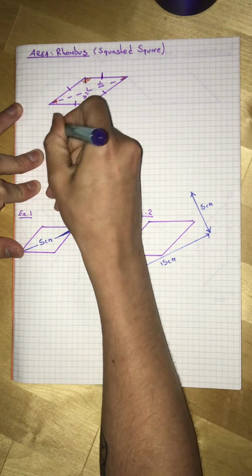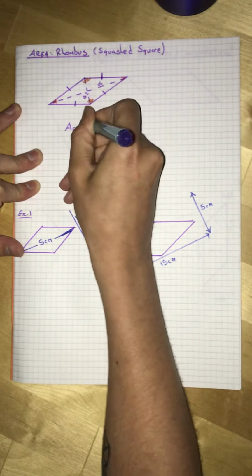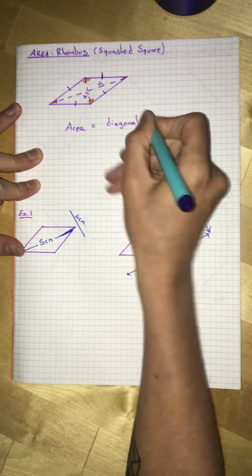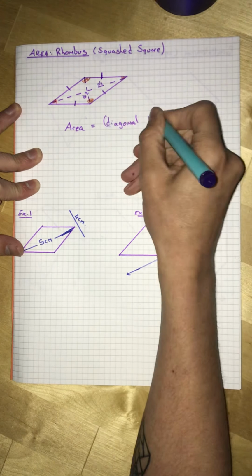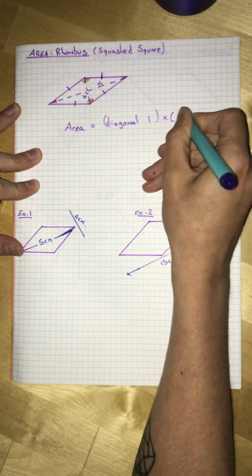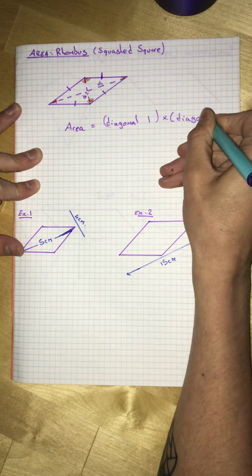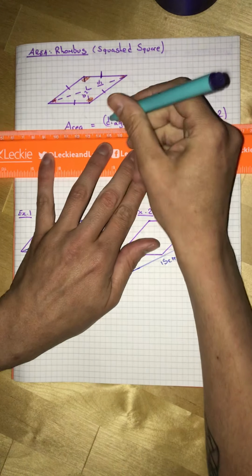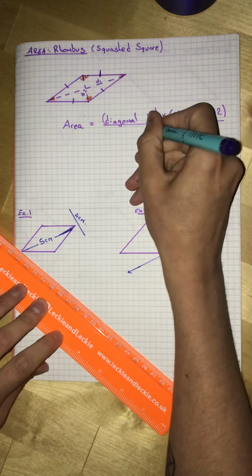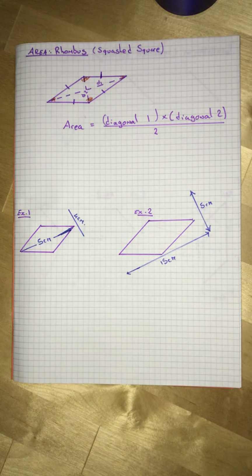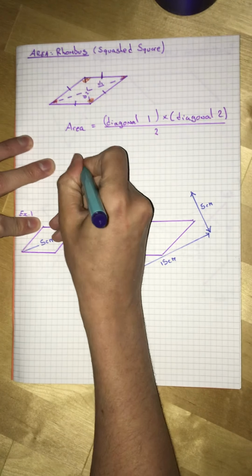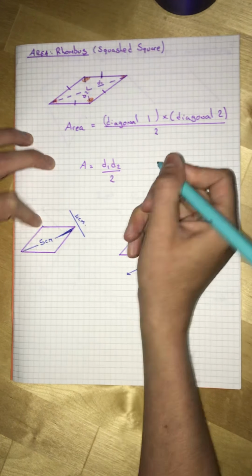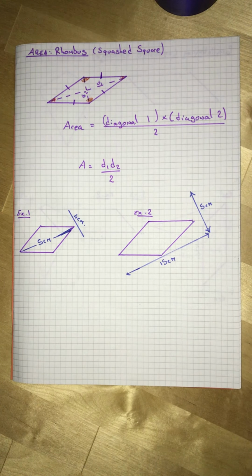So area will equal diagonal 1 times diagonal 2, and then we're going to divide that by 2. And if we wanted to put that in a proper equation, area equals d1 times d2 all divided by 2.